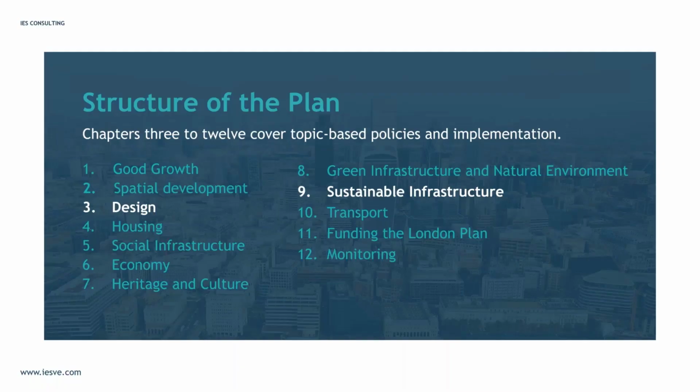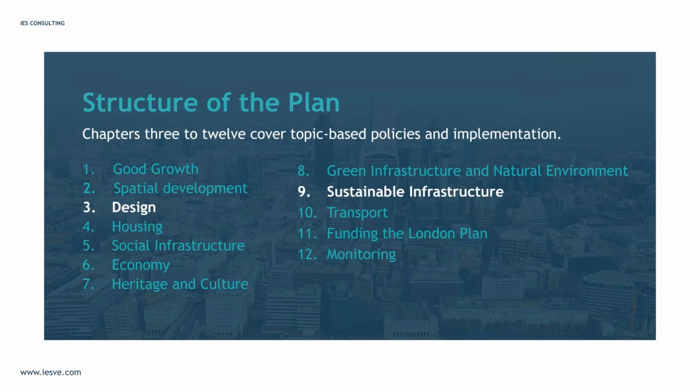The structure of the new plan has changed significantly since its previous 2016 incarnation, which had 8 policy chapters. We now have 12 policy chapters. We, as thermal modelers and design influencers, are particularly interested in those laid out in chapter 3, Design.